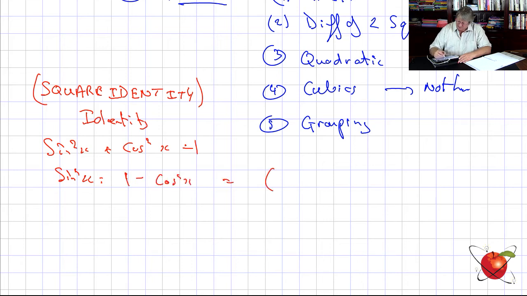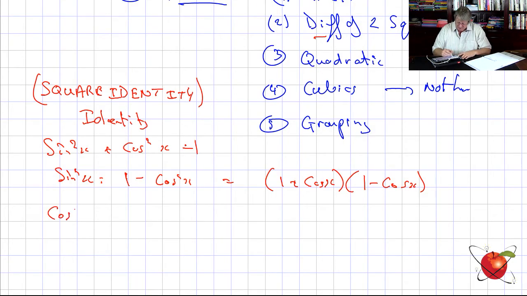But that I can factorize more. That's the difference of two squares: 1 plus cos x, 1 minus cos x. No, you cannot factorize sine squared plus cos squared. Why not?